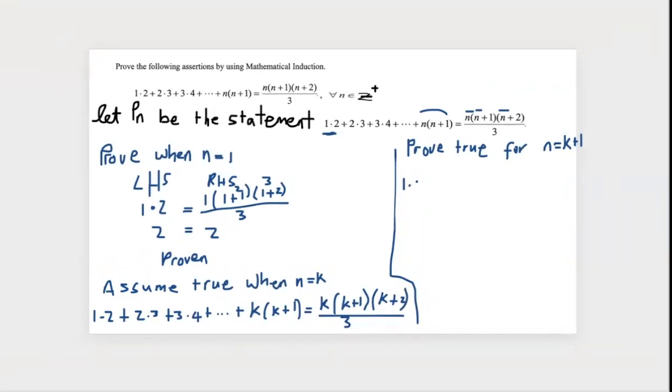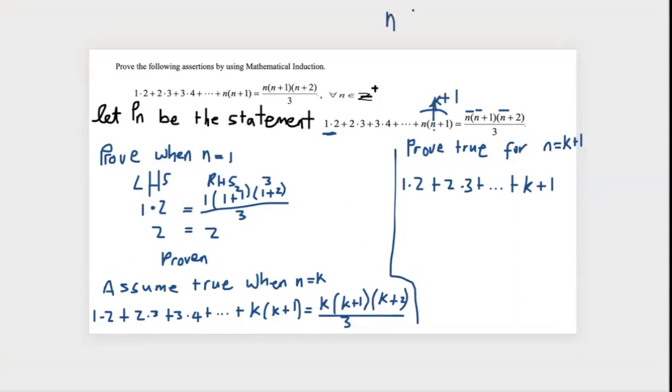So I have 1.2 plus 2.3 plus, I'm going to leave this off for the sake of space, plus, instead of n, I'm going to have k plus 1. Remember, I replace k plus 1 for n. So by right, this is being replaced with k plus 1.